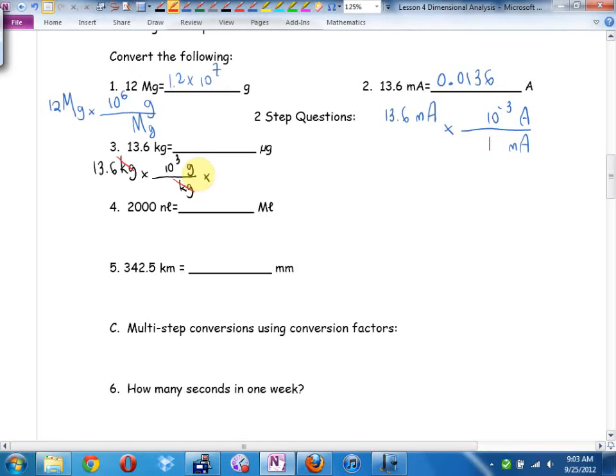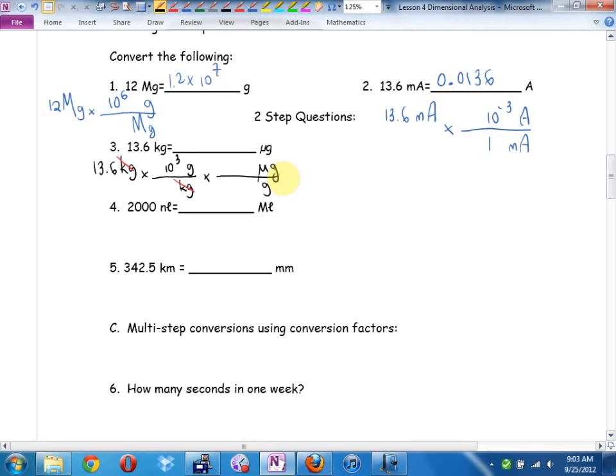Where do I want to put the grams in my next fraction? On the bottom. What do I want to be left with on top? Micrograms. AJ, 10 to the what for micro? Where is it going to go?